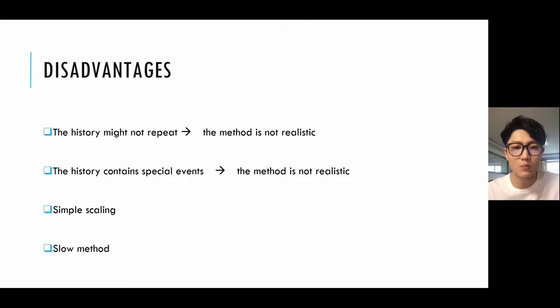The third one is that the one-day VaR is often scaled up to n days by simply multiplying the one-day VaR by the square root of n. Scaling this way also neglects portfolio effects. Finally, it is slowly measured and it is not easy to incorporate volatility updating schemes.